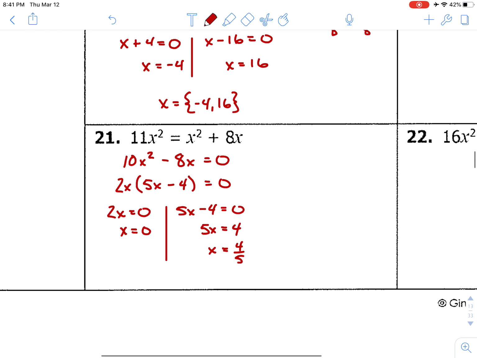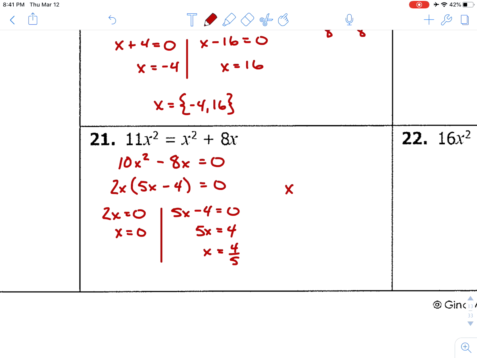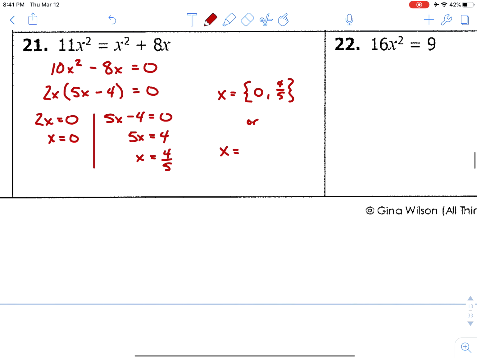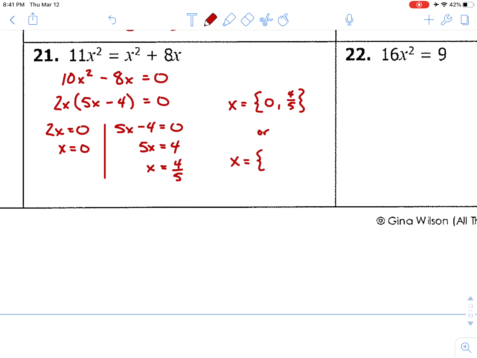Again, I want to write this in set notation for my solutions. So we're going to have x equals, and in curly brackets, 0 and 4/5. Or I could write it as x equals 0 and 0.8.